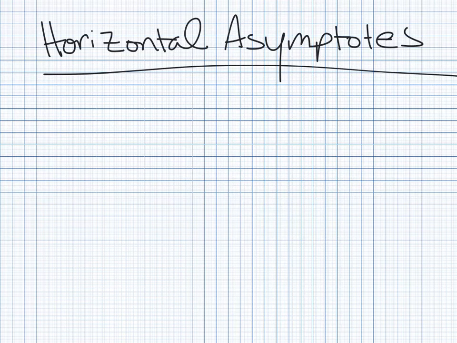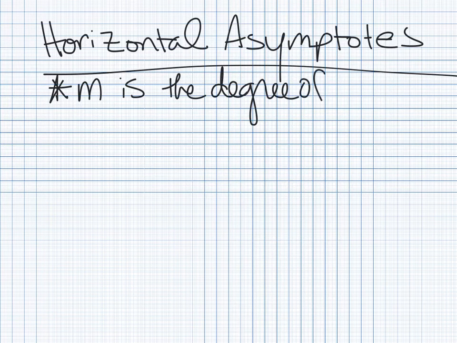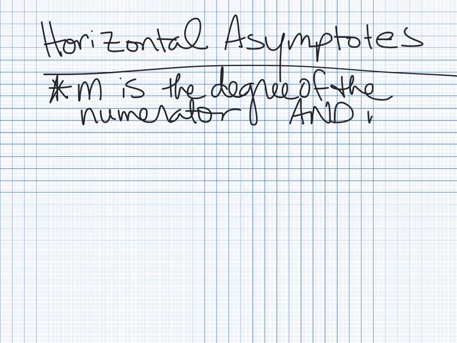So, horizontal asymptotes. There are three things we need to consider with rational functions to decide if they are going to have horizontal asymptotes. You need to keep in mind that m is the degree of the numerator, and n is going to be the degree of the denominator.